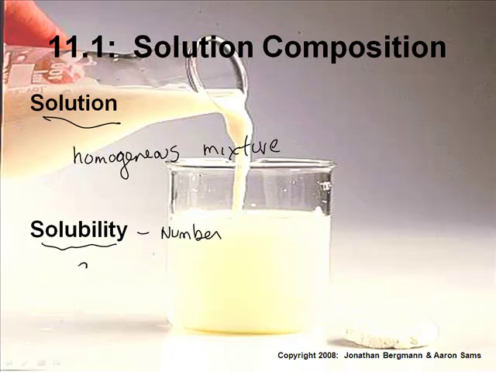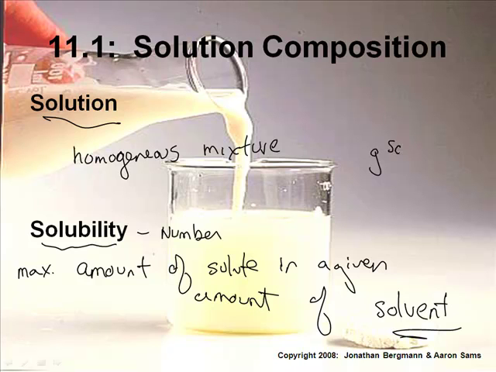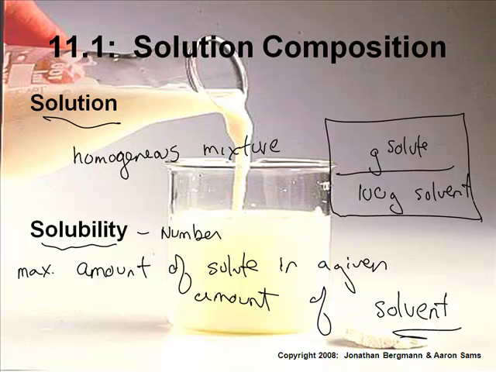That's basically the maximum amount of solute in a given amount of solvent. Typically, it's given in grams of solute per 100 grams of solvent. All right, so that's the maximum amount.